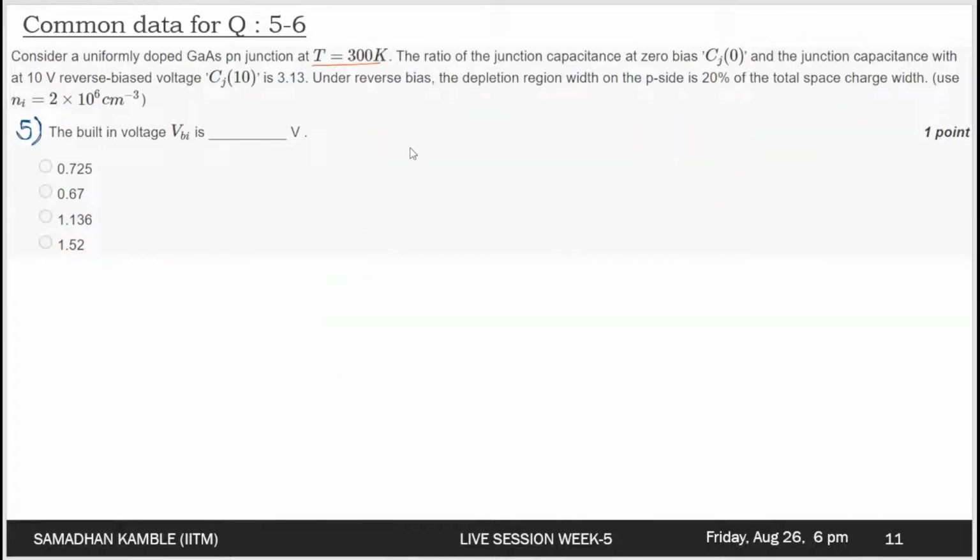We know that the junction capacitance varies as 1 over under root of V built-in plus V reverse bias applied. We have been given the ratio, that is Cj for no bias voltage applied and Cj when there is a reverse bias voltage applied of 10 volt, and that ratio is given as 3.13.